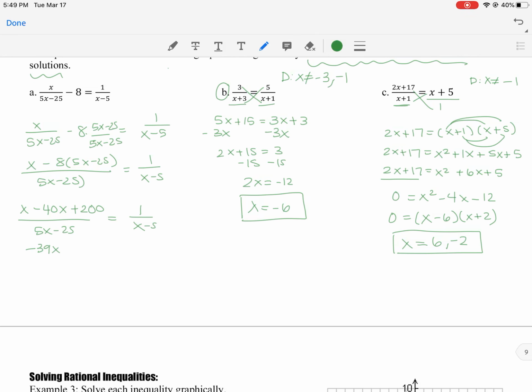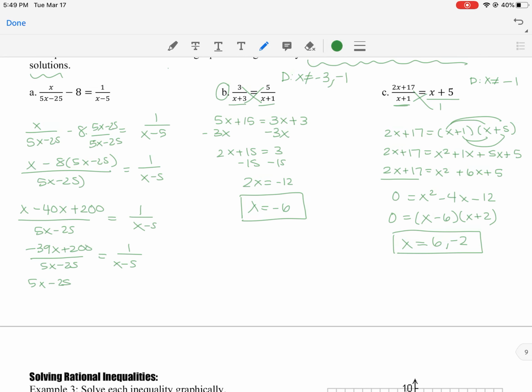So negative 39x plus 200 all over 5x minus 25 equals 1 over x minus 5. All right, so I have 5x minus 25 when I cross multiply. And on the other side, we're going to get some quadratic.